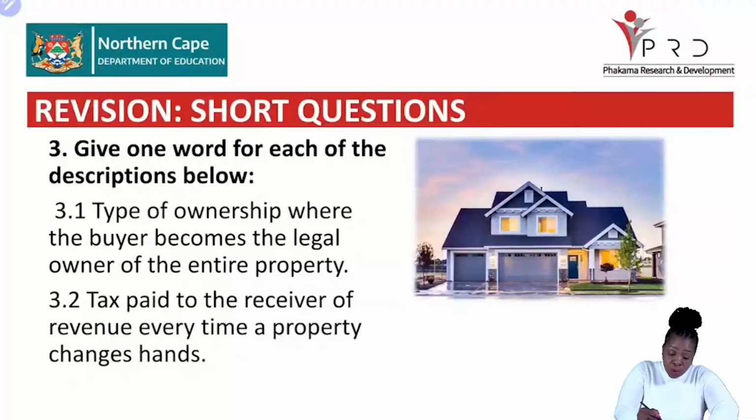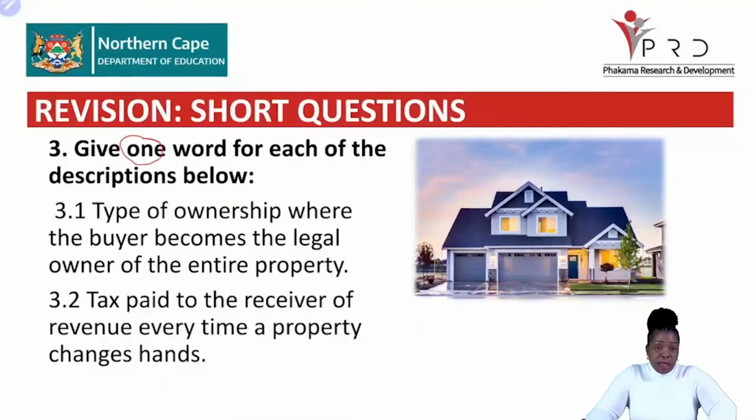So take note, the question says just one word. And then our 3.2 reads, tax paid to the receiver of revenue every time a property changes hands. I'll also give you just 2 minutes to answer the questions.